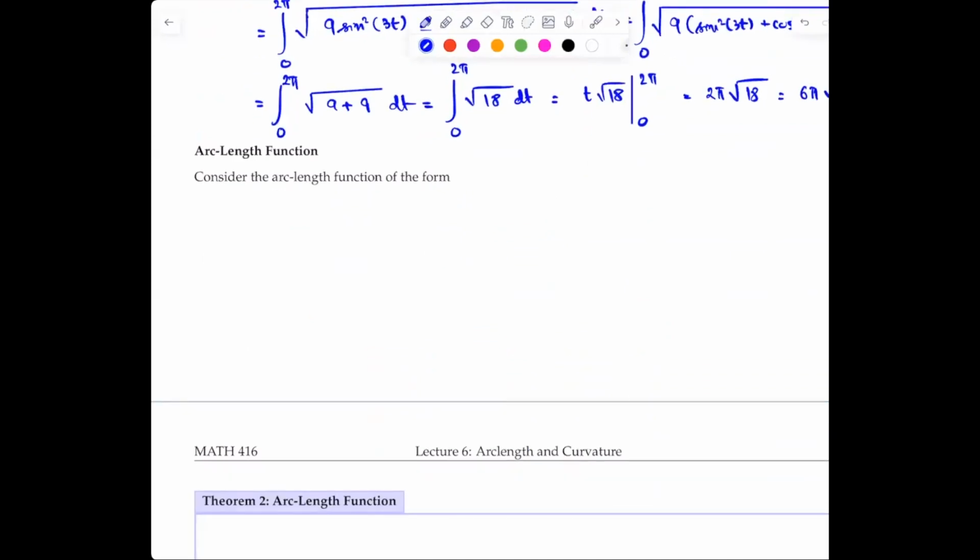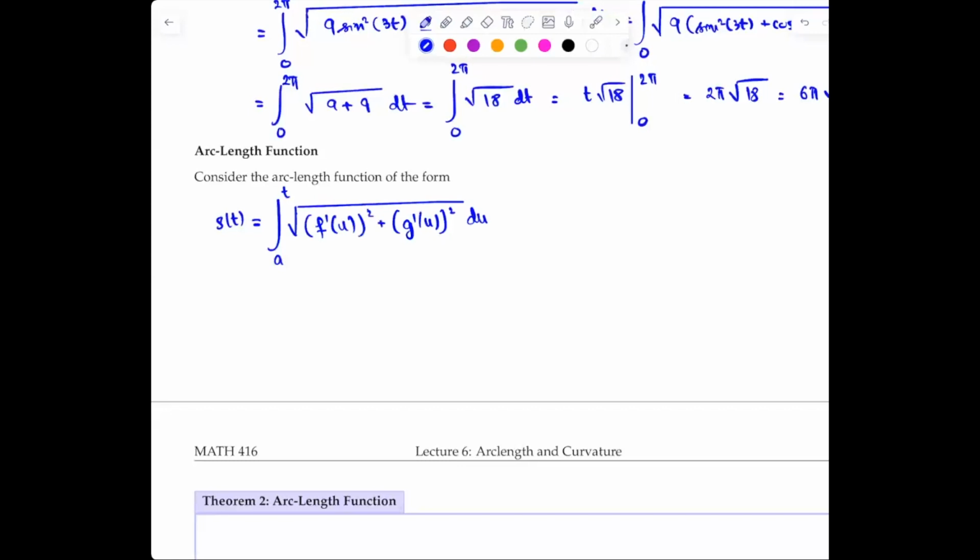Okay. So now consider the arc length function of the form s of t equal to the integral from a to t. So instead of from a to b, now you're going to vary the upper limit of integration. The formula is going to be the same: the square root of f prime of u squared plus g prime of u squared du, right?